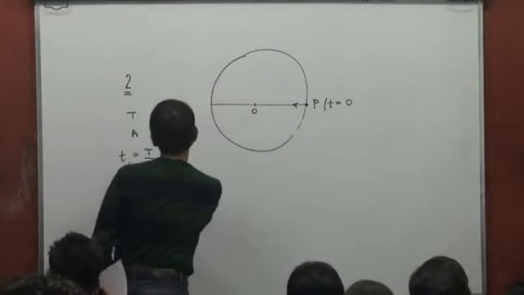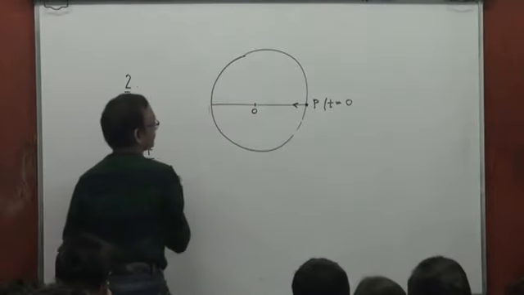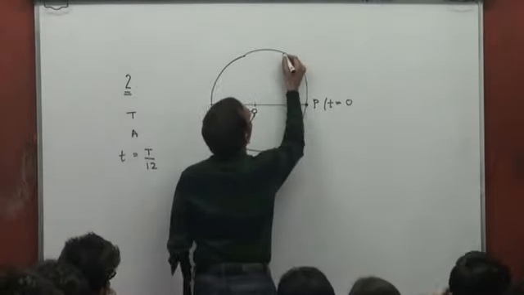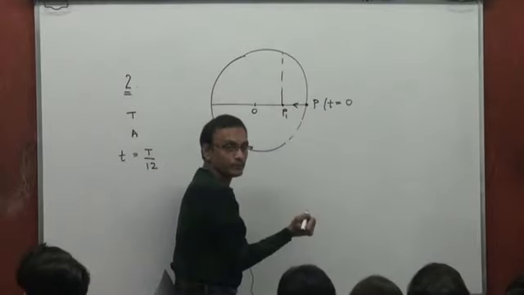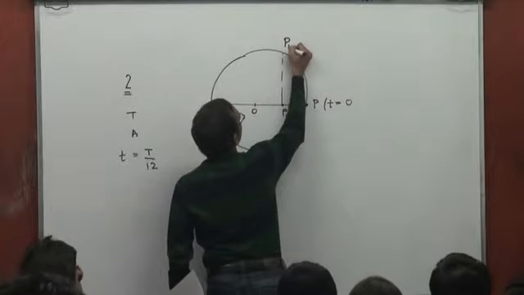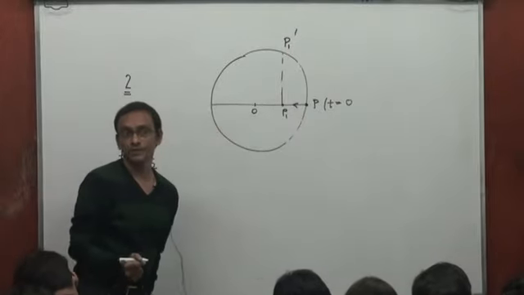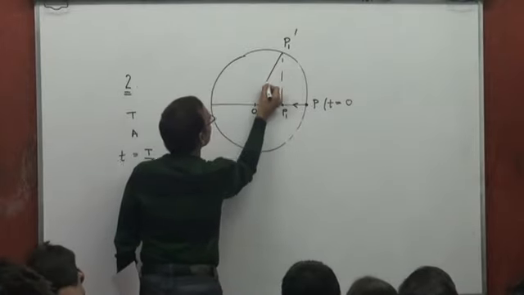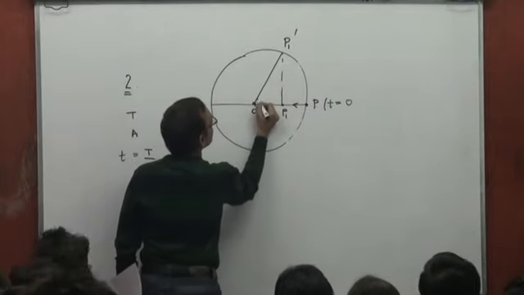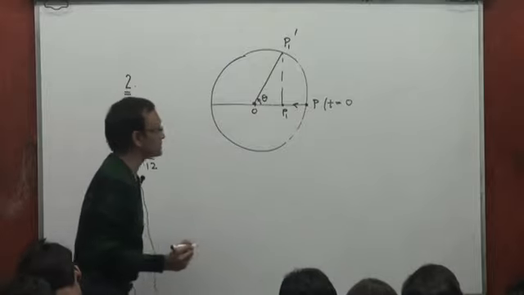Now, in this time t equal to T by 12, the corresponding point P comes to, let's say, P1, and its auxiliary particle goes to P1 prime. Yes or no? That means the angle that the auxiliary particle describes at the center is theta.